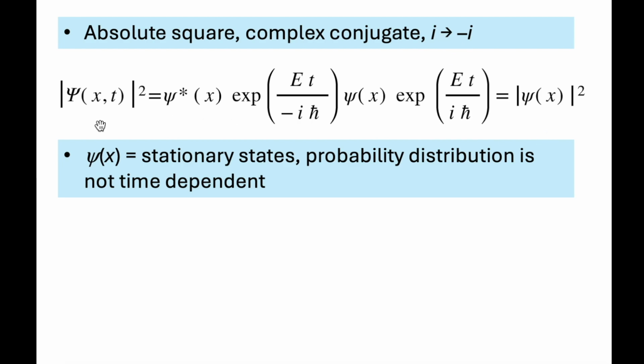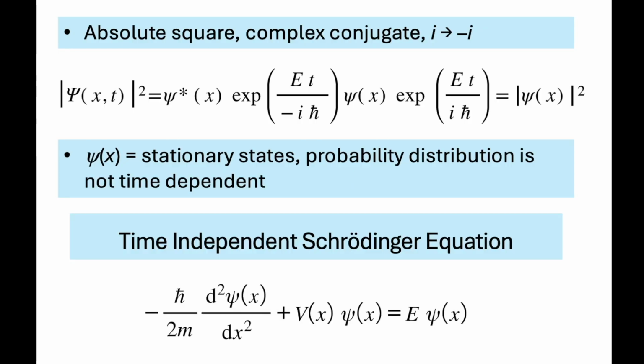We do that and we find that the absolute square of the time-dependent wave function is equal to the absolute square of the time-independent wave function. So that's why we call them the stationary states. The probability distributions that you get from psi of x are not time-dependent. Therefore, they describe stationary states of the system.